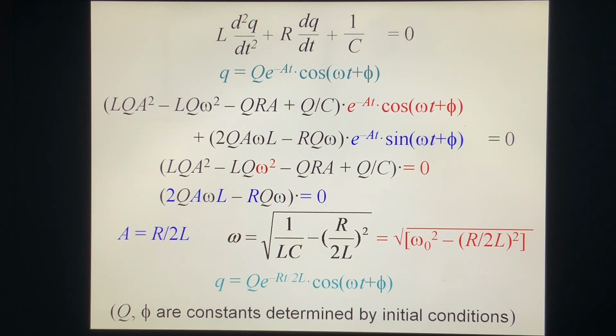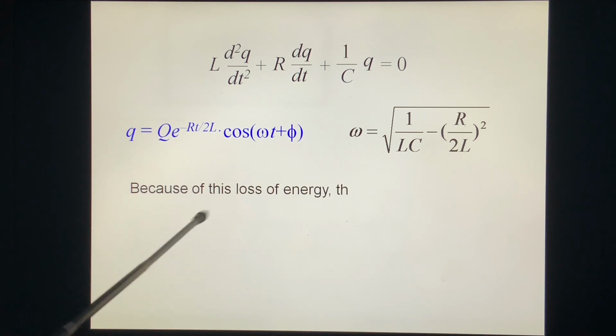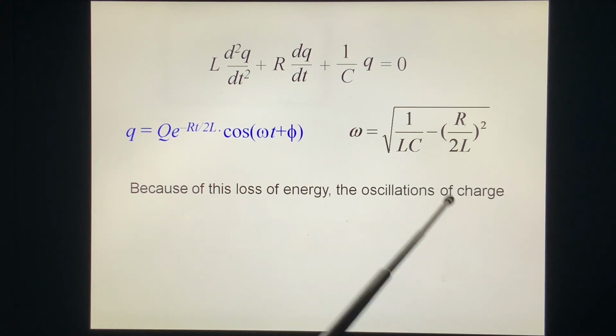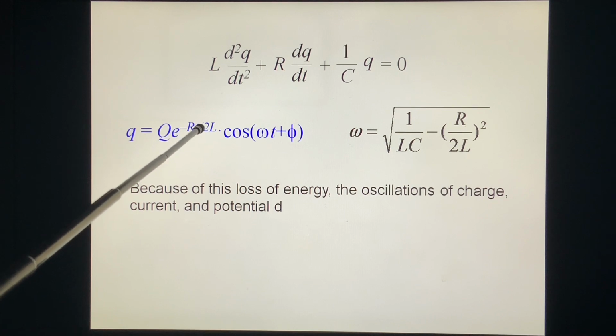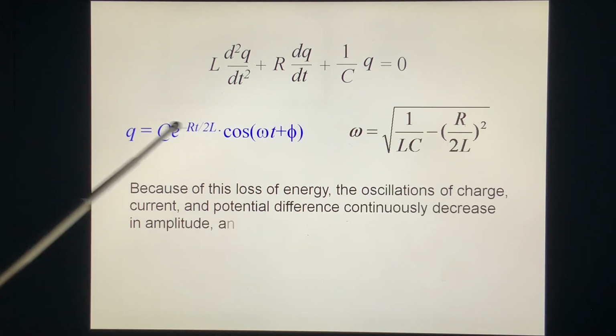Now, we have the original way to get this, the physics way: assume one more term, and we get the answer. Because of this loss of energy, the oscillation looks like this one. As t approaches infinity, this term equals 0, and Q equals 0.